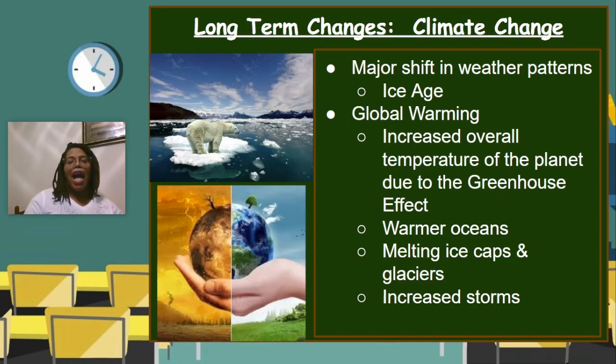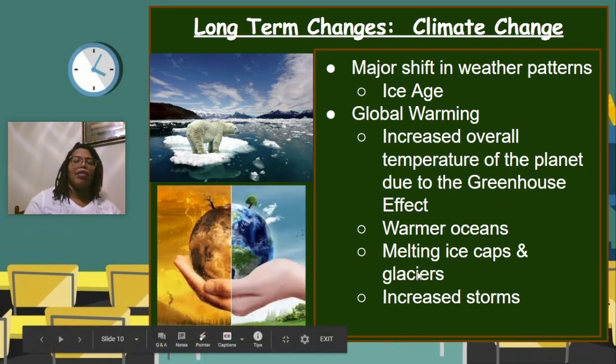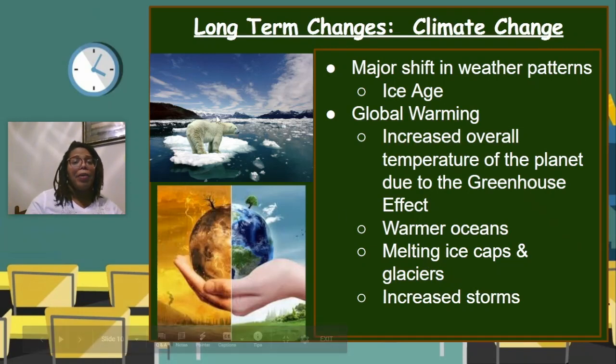And so the carbon dioxide traps the heat that's on our planet. It makes the planet warmer, makes the oceans warmer. And as the oceans heat up, it melts ice caps like the one that this polar bear is trying to hold on to, this little baby iceberg. And it also melts glaciers. And that causes all kinds of problems. For example, our polar bear here likes to have ice to rest on when it's swimming.